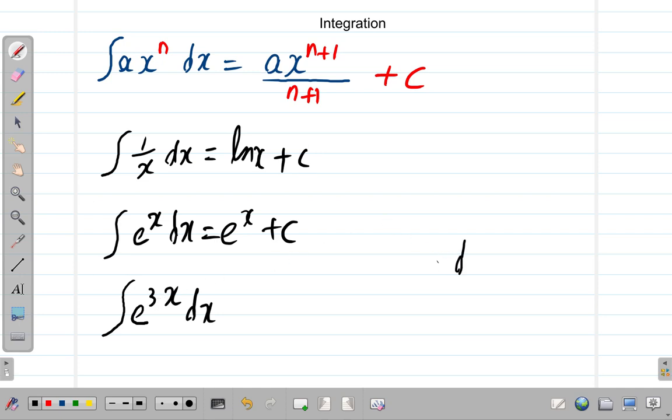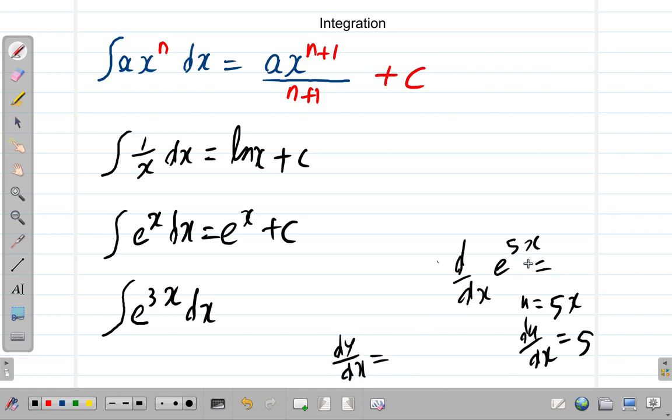So, we know that when you differentiate, suppose you differentiate e to the, let's say, 5x, what will you get for that? Remember, using the chain rule, if you make u equal 5x, du by dx will be equal to 5. So dy by dx would be dy by du.